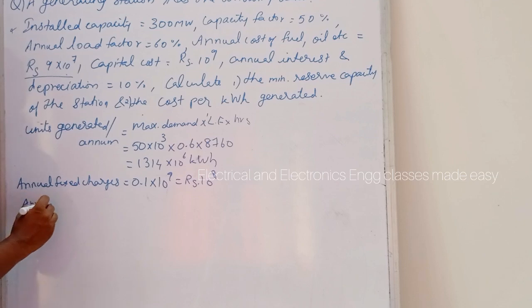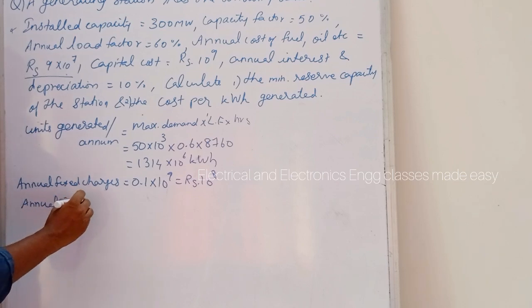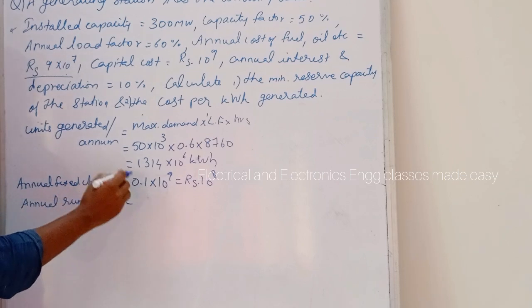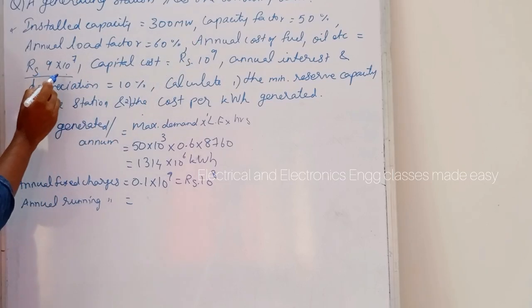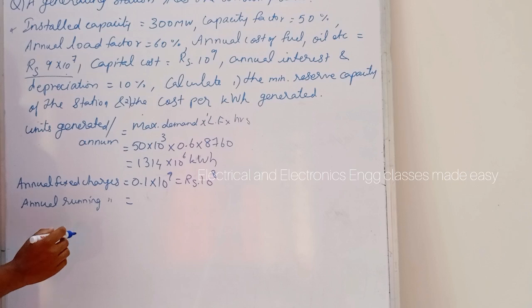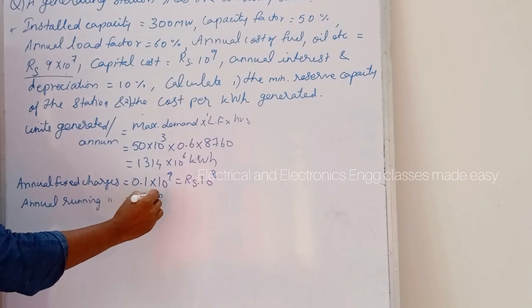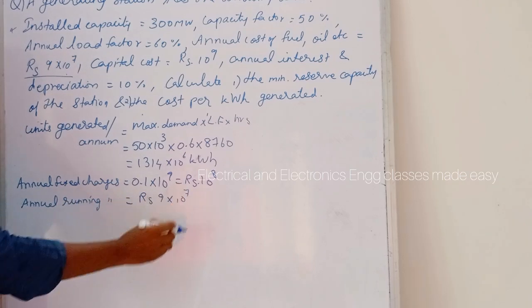So annual running charges is equal to annual cost of fuel, oil, etc., that is rupees 9 into 10 raised to 7.